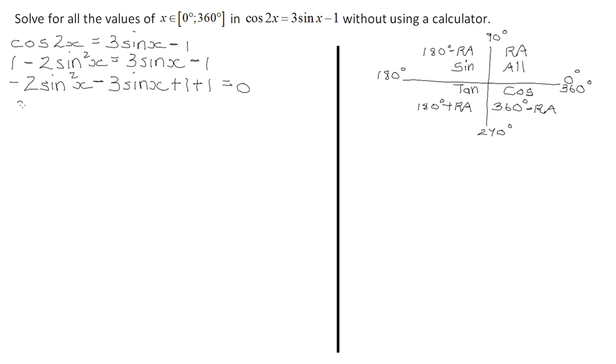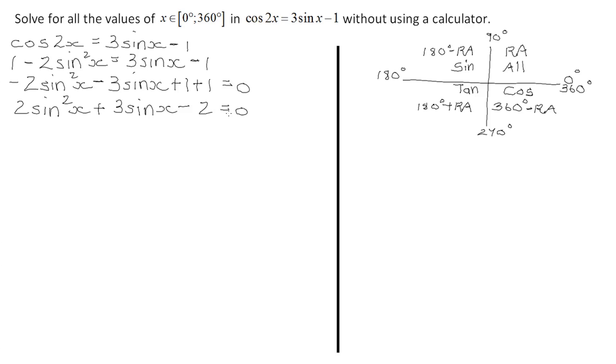Minus times a minus gives you a plus 2 sine squared x. A minus times a minus gives you a plus 3 sine x. Obviously here, people, you can see you will get plus 2, but times a minus gives you a minus 2. And that is equal to 0.